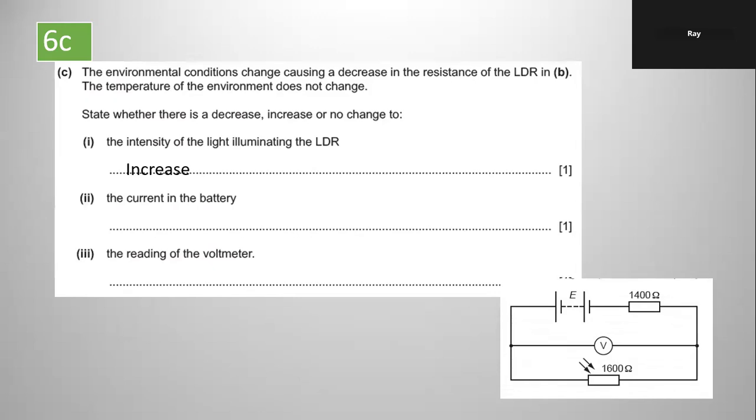Current in the battery, current increases, we got total resistance decrease. Reading of the voltmeter, you don't have to give reason now. Reading of the voltmeter, increase. Okay, decrease.